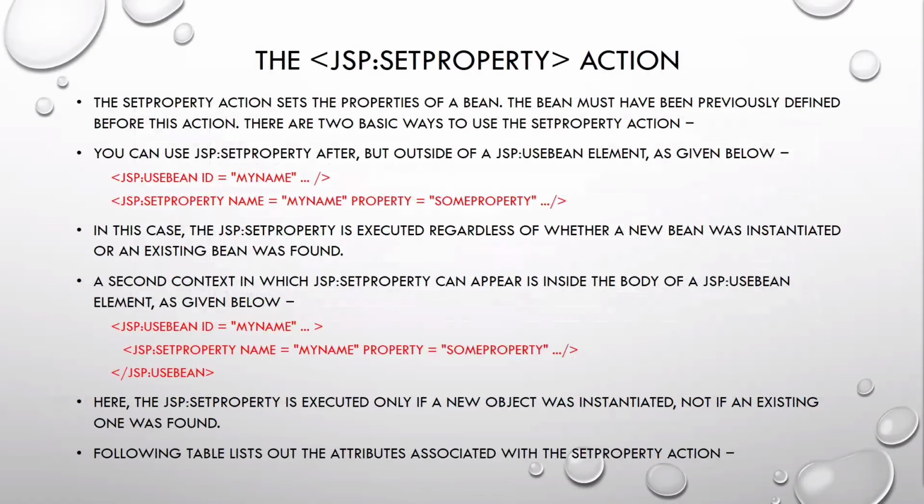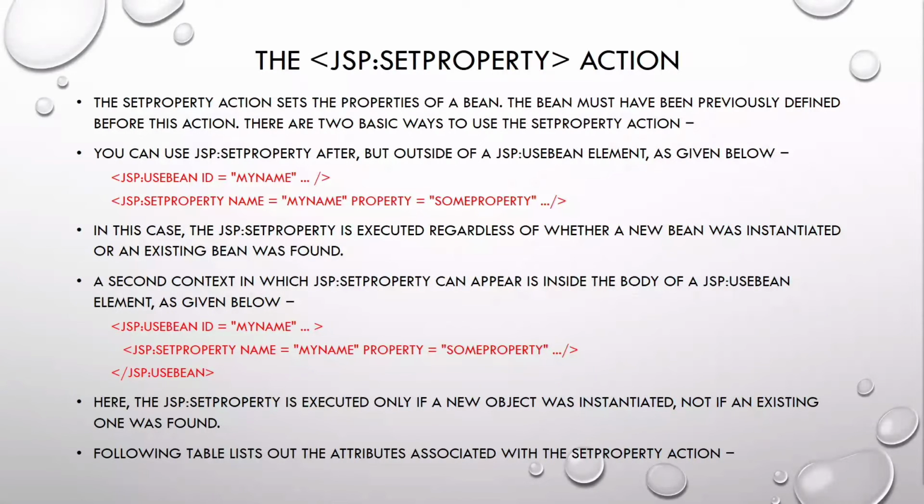JSP setProperty action. The setProperty action sets the properties of a bean. The bean must have been previously defined before this action. There are two basic ways to use the setProperty action. You can use JSP setProperty after but outside of a JSP useBean element as given below.